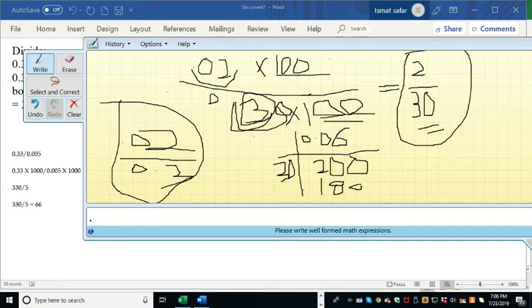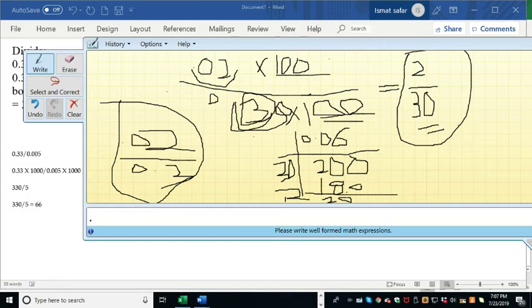The remainder is what's left after the division, which means the remainder is 20 over here.